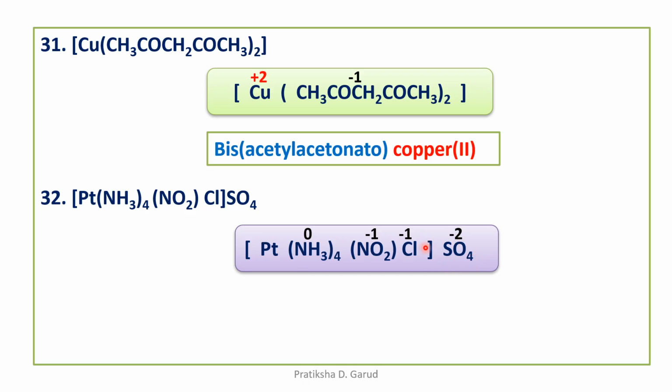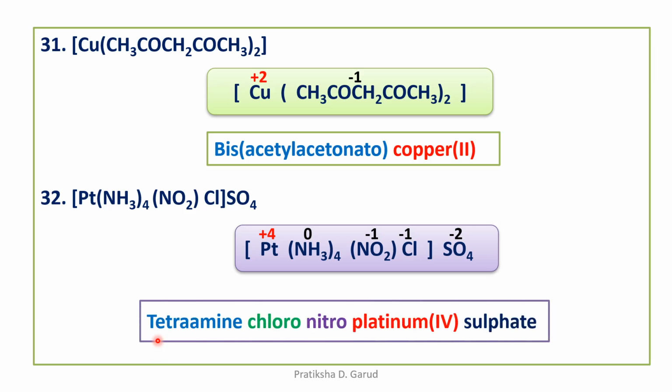The complex should have the plus 2 charge, and hence the oxidation number is plus 4. So the name is tetraamminechloronitroplatinum(IV) sulfate. So it is tetraamminechloronitroplatinum(IV) sulfate.